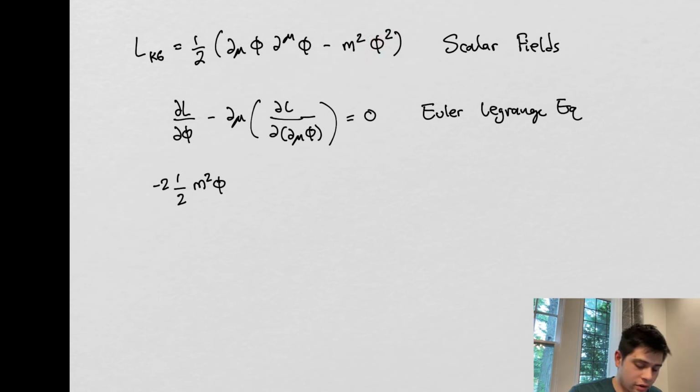There's no derivative right here, and there's no derivative right here, but this one right here. This is going to be minus d mu, right? So that's this right here, times the derivative of the Lagrangian with respect to the derivative of the field values. Well, that is just going to be d mu, right?